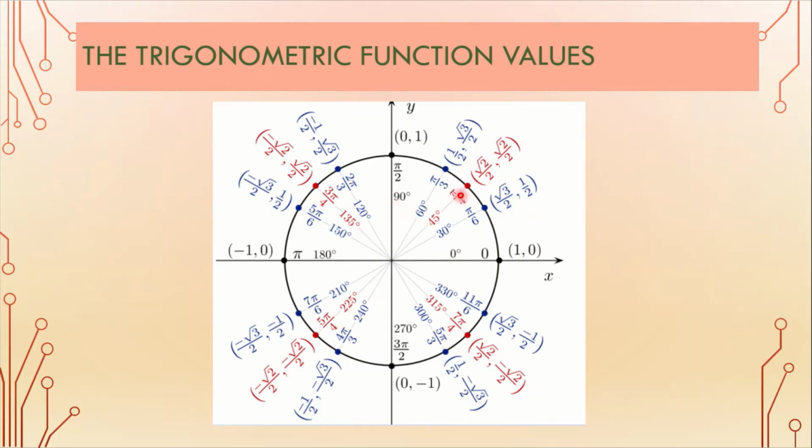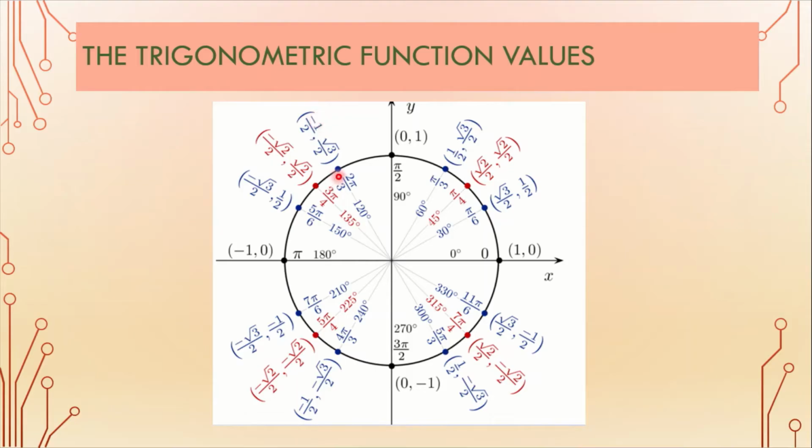Okay, then the remaining trigonometric function values will only differ in terms of the sign. So for example, if you want to look at cosine 120 degrees, that will give you negative 1/2.